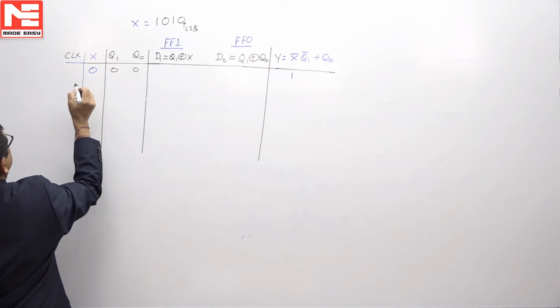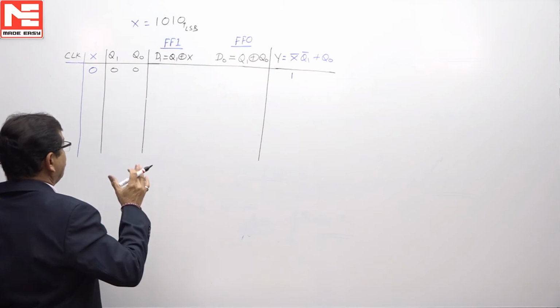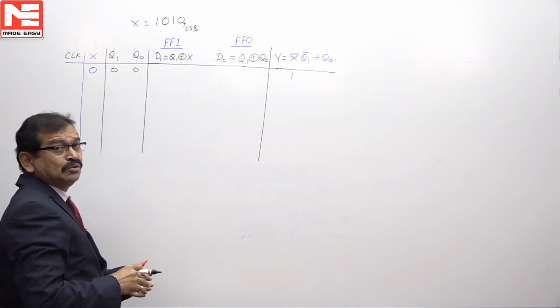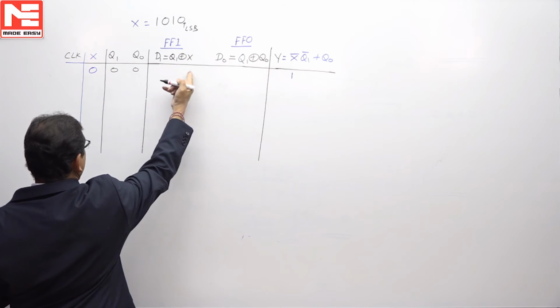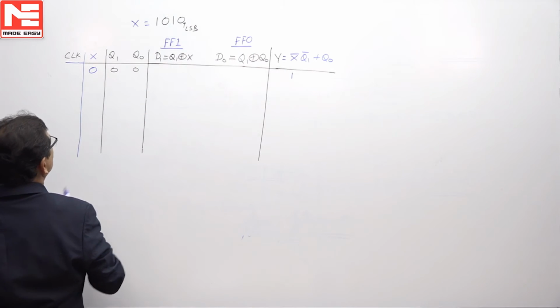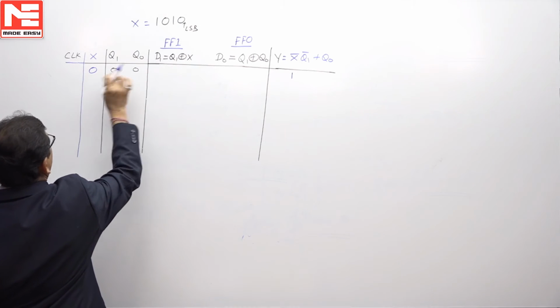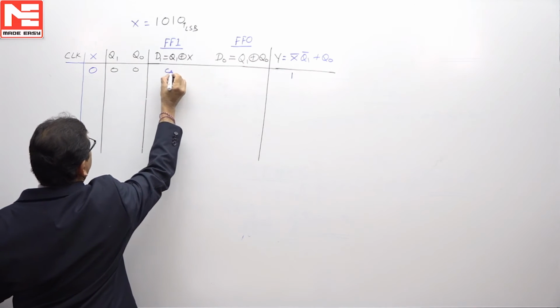While applying the clock, to see the change, you have to know the inputs to both the flip flops, flip flop 1 as well as flip flop 0. D1 is Q1 exclusive OR with X, and D0 is Q1 exclusive OR with Q0. So, Q1 exclusive OR with X, 0 exclusive OR 0, will be 0.